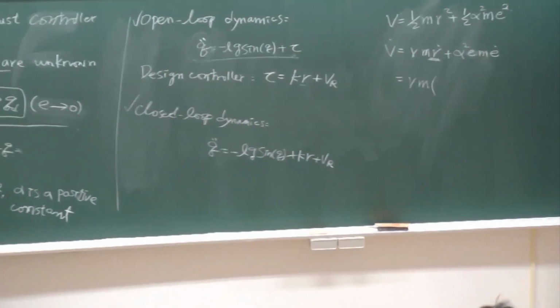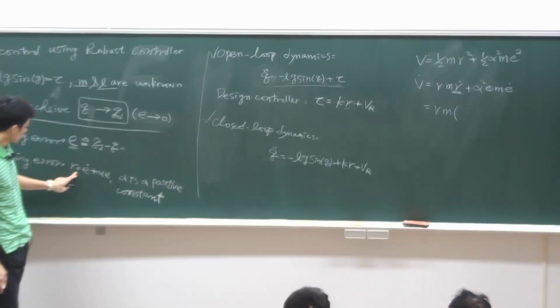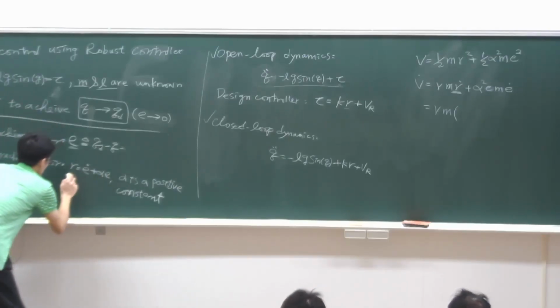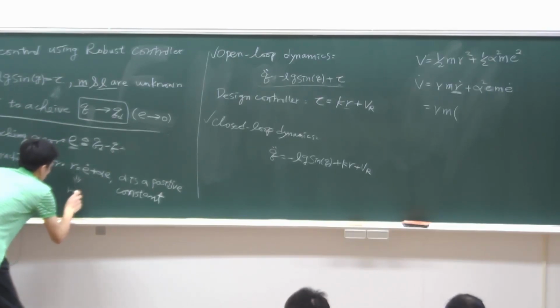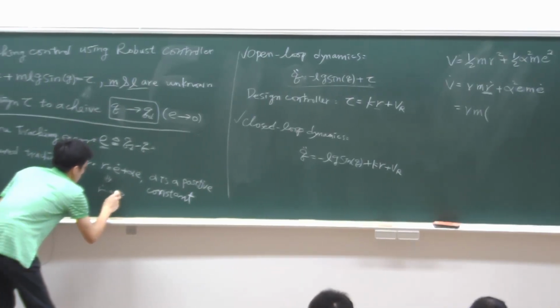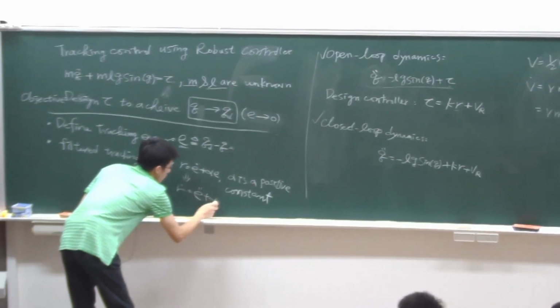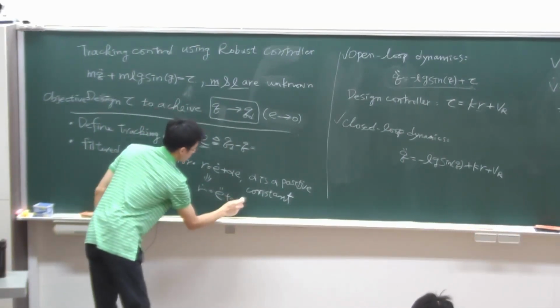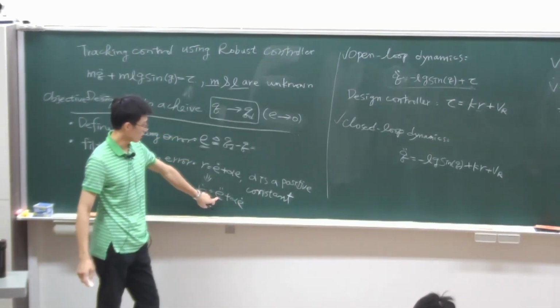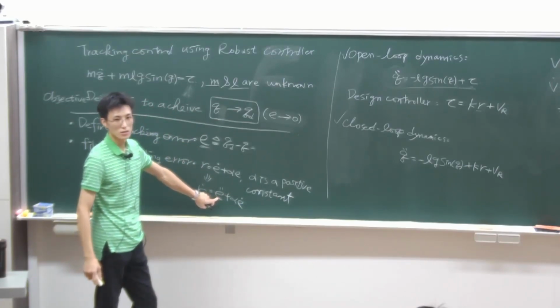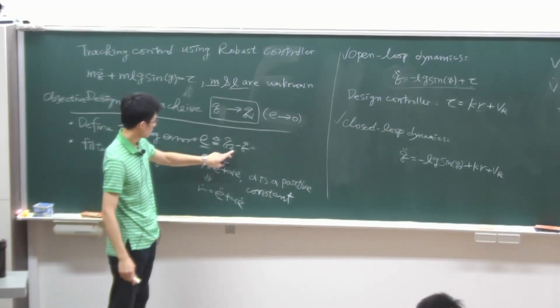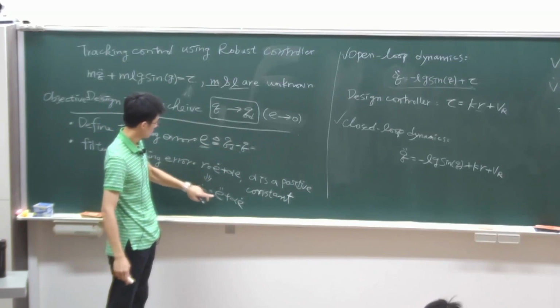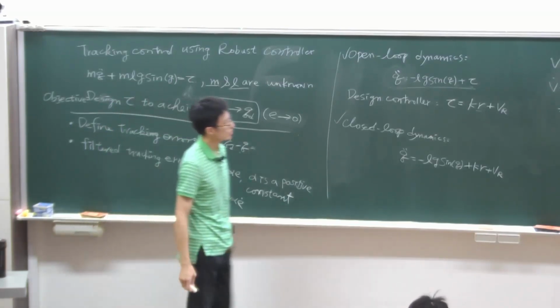According to the definition of R, you take one more time derivative. You got R dot equal to E double dot plus alpha E dot. And here it comes with Q double dot, because Q double dot is inside E, okay?